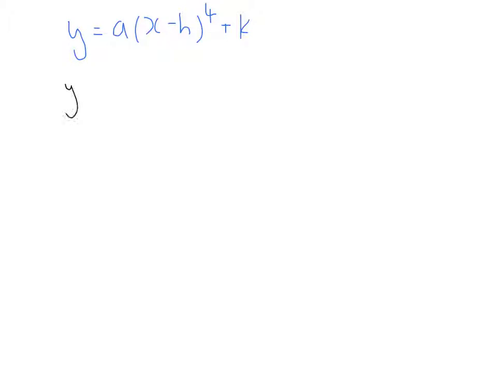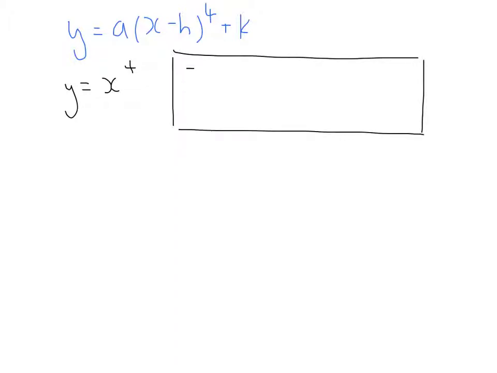So for a graph of y equals just x to the power of 4, again we'll make up a little table for this. I'm just going to go -2, -1, 0, 1, and 2.